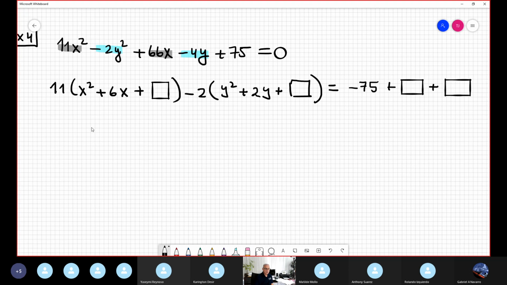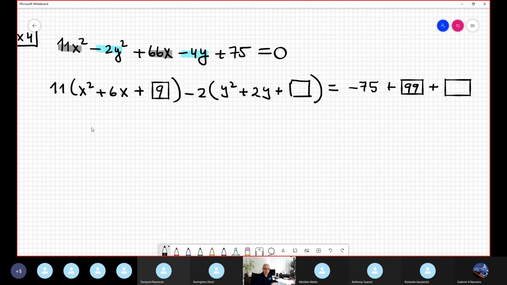The first number: you take b, which is 6, divided by 2, squared. 6 divided by 2 is 3, squared is 9. This 9, when you introduce it artificially inside the equation, represents on the right-hand side 99.